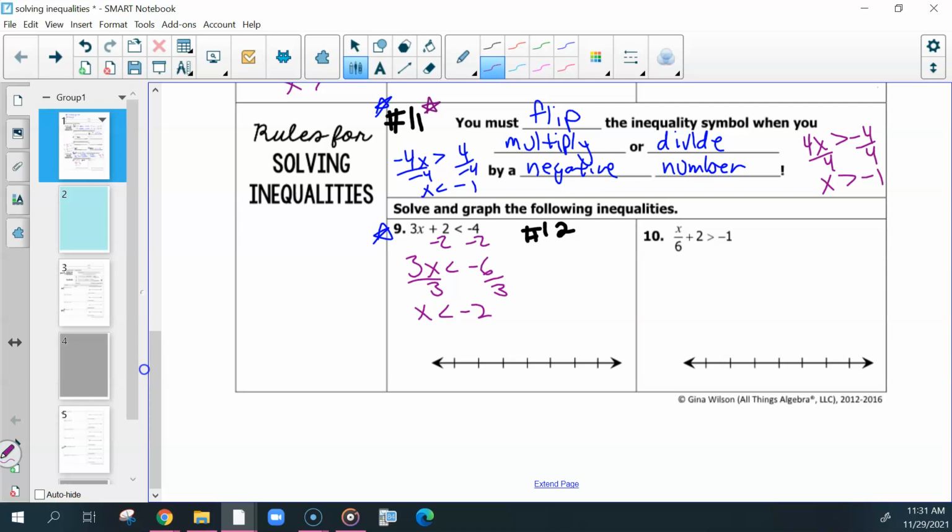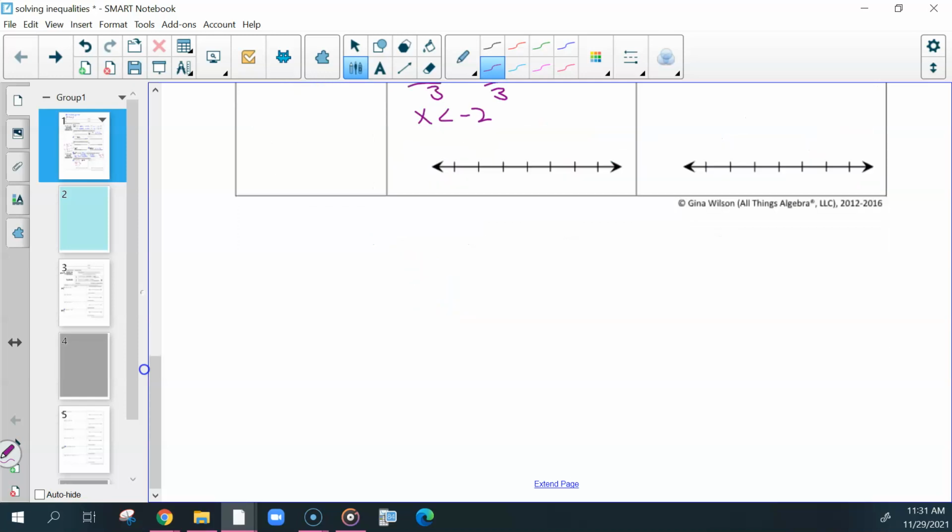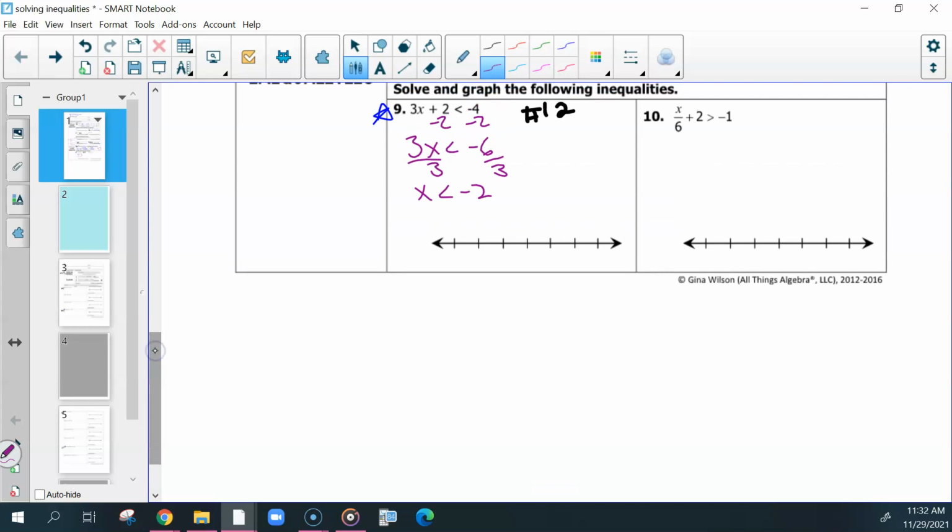And then you have blank number lines, so you can make up your own. I usually put whatever this number is in the middle and then spread out from there. So going to the right, that would be -1, 0, 1. Going to the left, that would be -3, -4, -5.